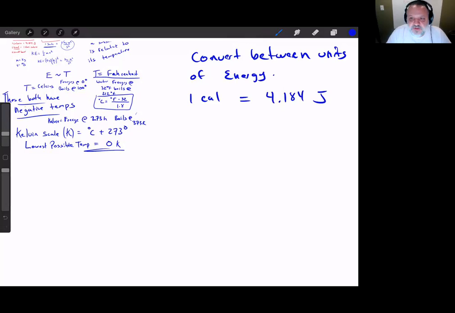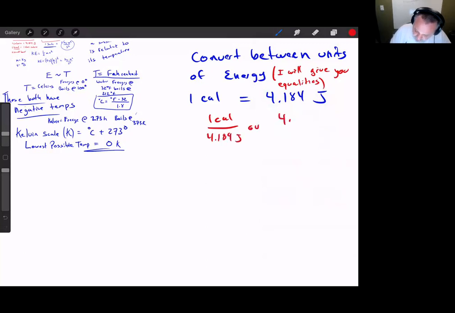Okay, you should be able to convert between units of energy, and remember all are units of energy, and I will give you equalities. So in other words, you should just be able to write a per expression. 1 calorie is 4.184 joules, or you should be able to write 4.184 joules is 1 calorie, and use those in a conversion problem.